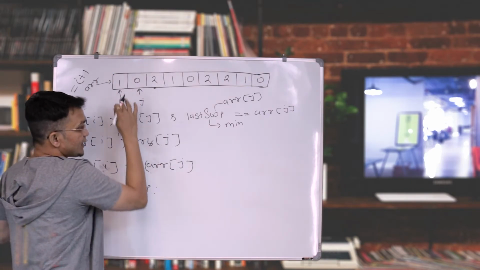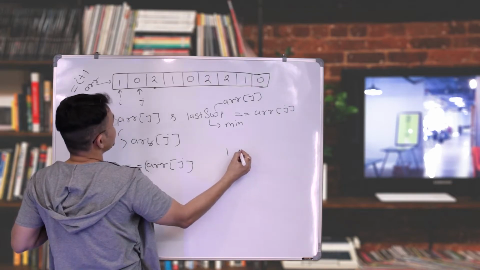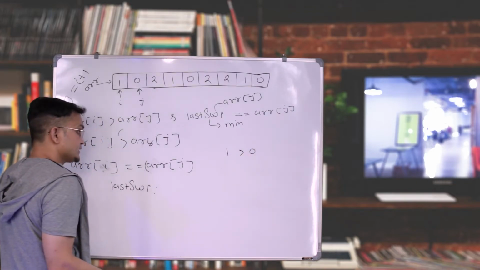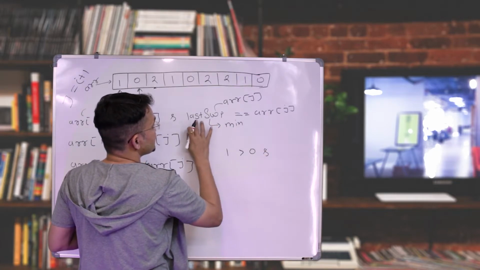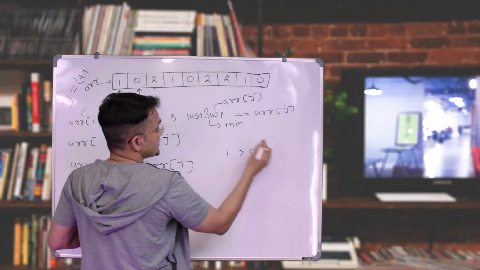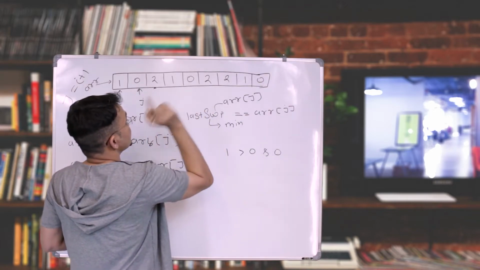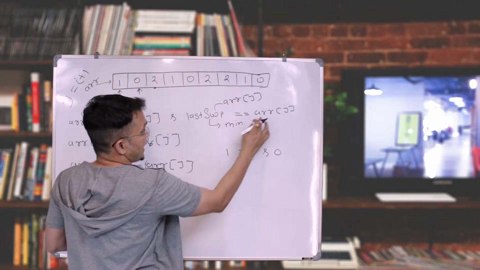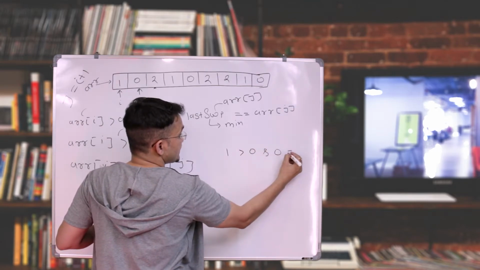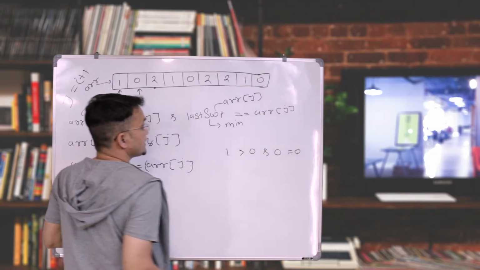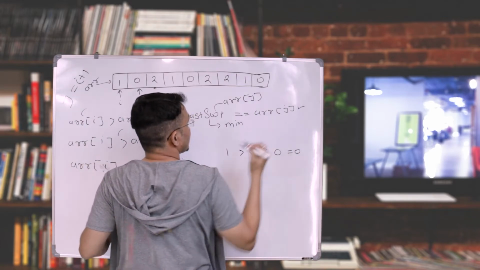So what is my ARR of i? It is nothing but 1, greater than 0, correct? And what is my last swapped value? Initially, in the first iteration, it will be the minimum value, so the minimum value is nothing but 0. Okay, and what is my ARR of j? ARR of j is nothing but 0, correct? So this condition is satisfied.